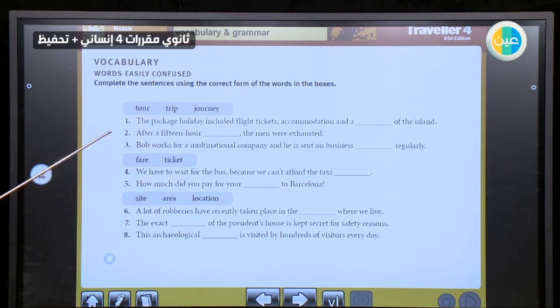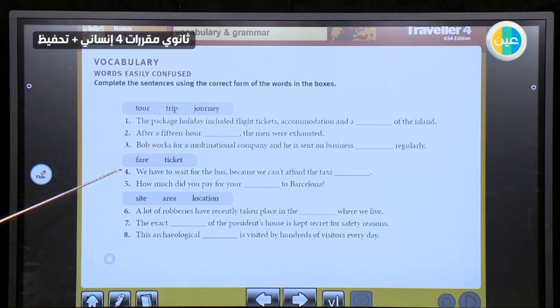Sometimes we say a trip, you can go to many places like sightseeing. This is tour. Tour is you go to many places for sightseeing. Trip is short period. Journey is long period and long distance.